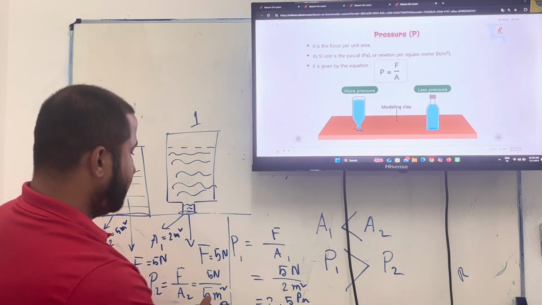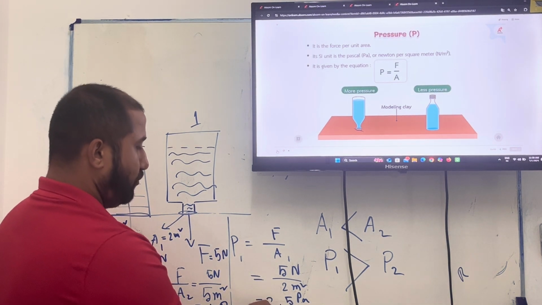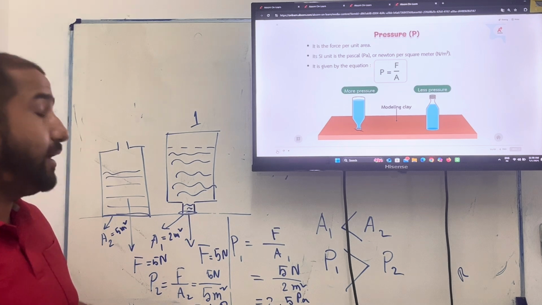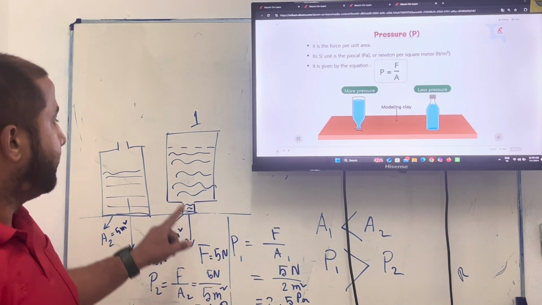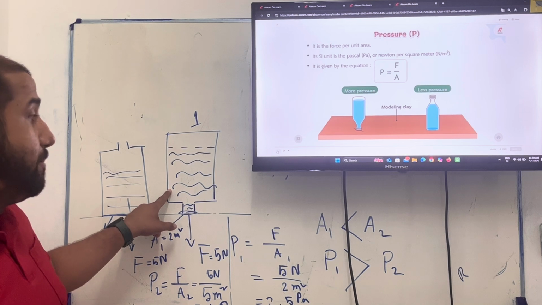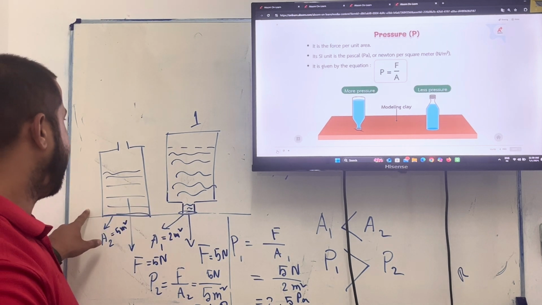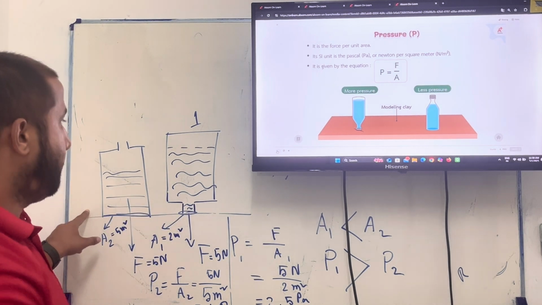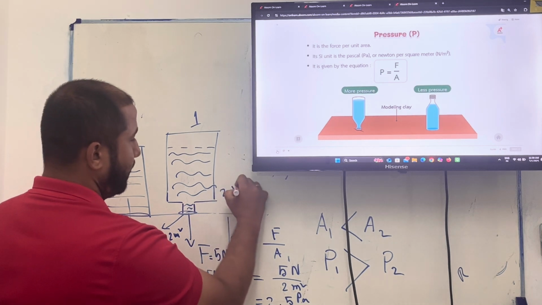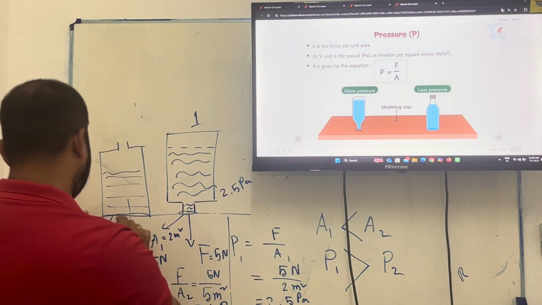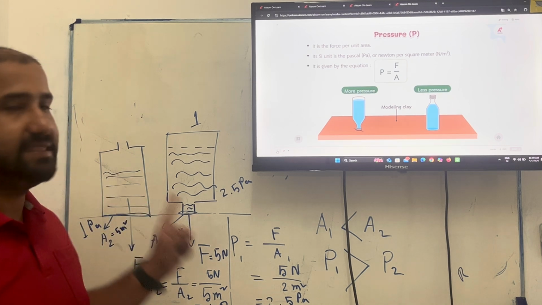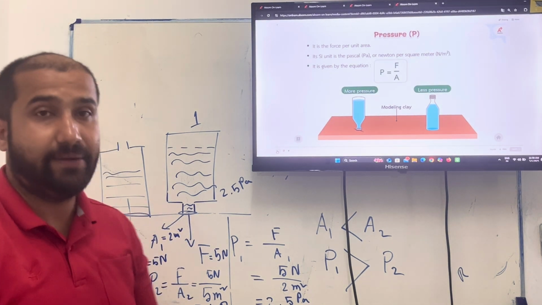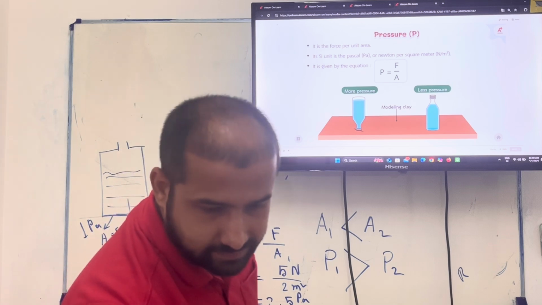So since 2.5 Pascal is bigger than 1 Pascal, the pressure exerted by the bottle 1 will be more than the pressure exerted by the bottle 2. In this case, it will be 2.5 Pascal. In the other case, it will be only 1 Pascal, because it depends on the amount of area. Next.